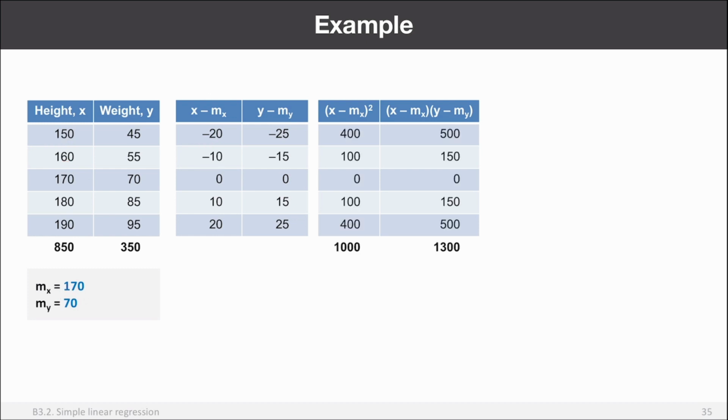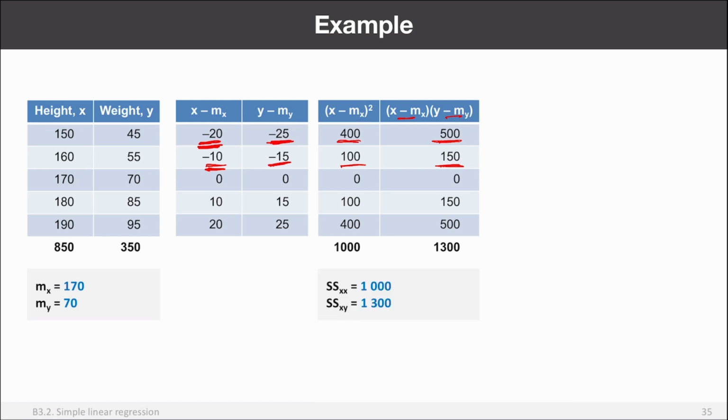So this is the squared distances. Minus 20 squared is 400, minus 10 squared is 100, and so on. And then minus 25 times minus 20, you remember this is the product of distances, will be 500. Minus 10 times minus 15 will be 150, and so on, right? Now I compute the sum of squared distances.